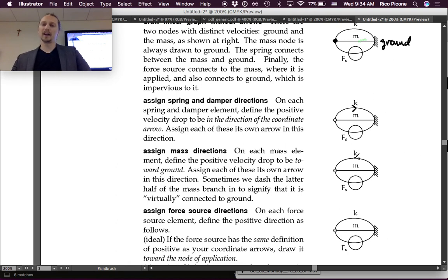Now we're building it, so spring is that way, and now we said the mass is also towards ground. Sometimes we dash this mass element here on the latter half to show that this isn't a real connection to ground, it's a virtual connection to the reference for the mass.